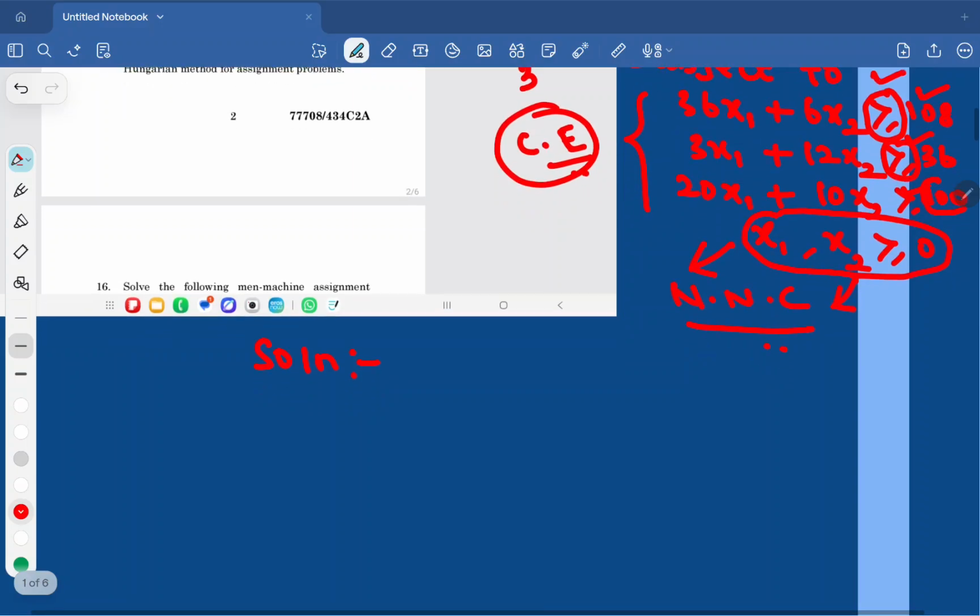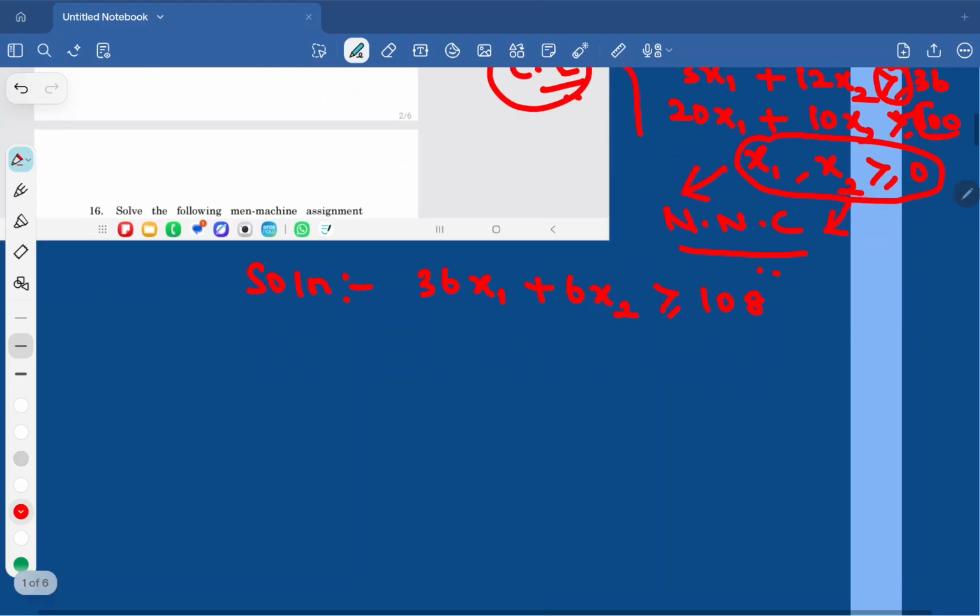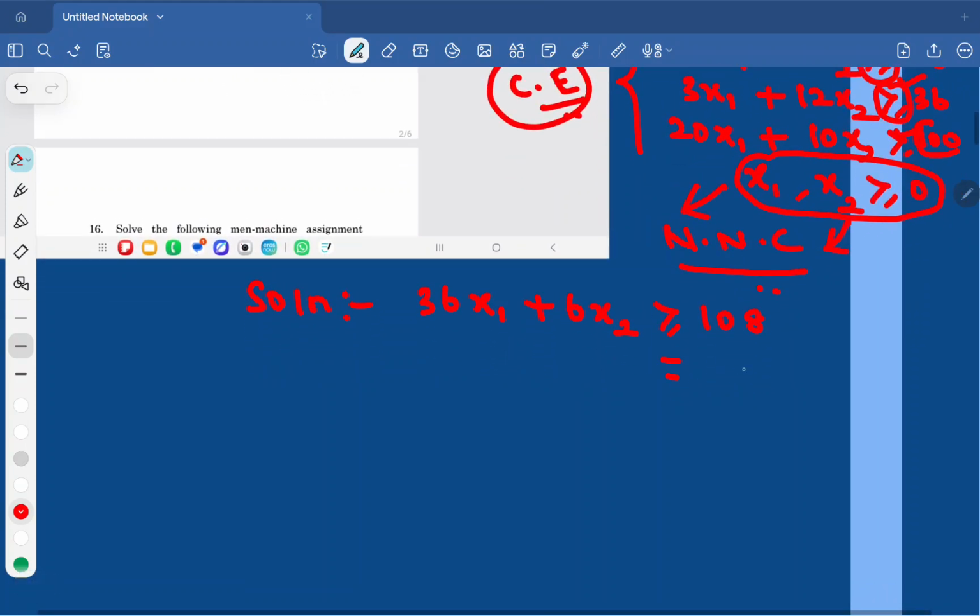What is the first constraint equation? In a graphical method, first of all, convert the inequality into equality.